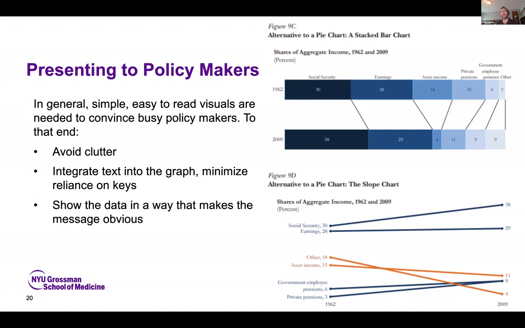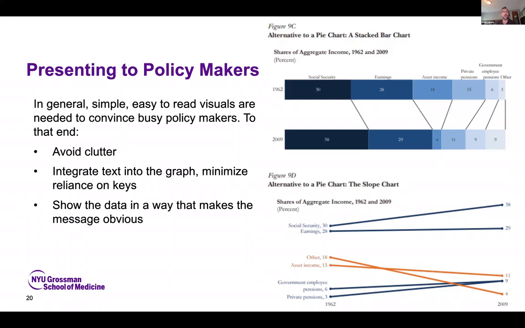Often for the end reader, if text is presented on the chart, it allows the end user to quickly say, okay, what percentage is this, in this case, Social Security income? The less that you're requiring your end user to have to go elsewhere to find information necessary to understand your chart, the better off it's going to be.